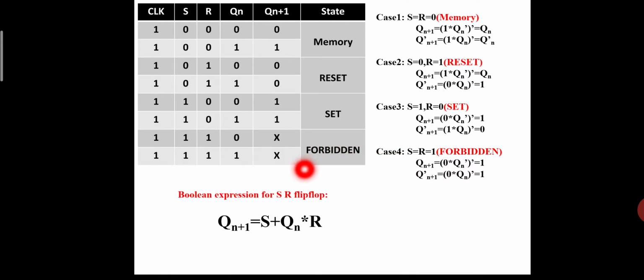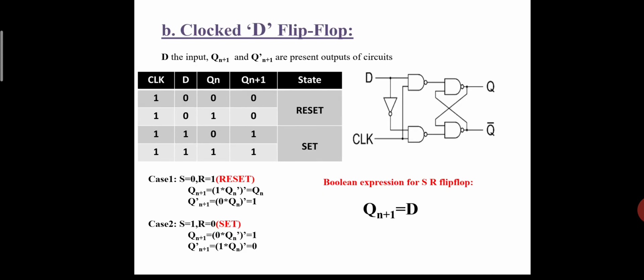In order to omit this condition, we improved flip-flops with only two states, because sequential circuits or any applications require only set and reset conditions. Therefore, we modified the SR flip-flop by shorting the two inputs into one single input with one NOT gate.